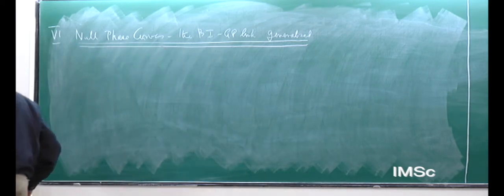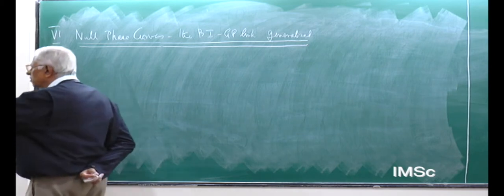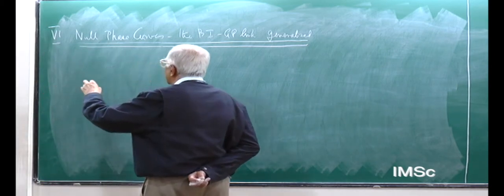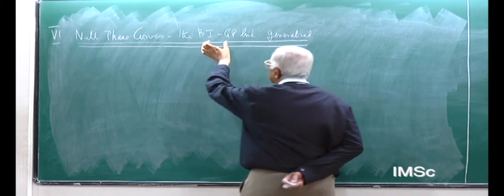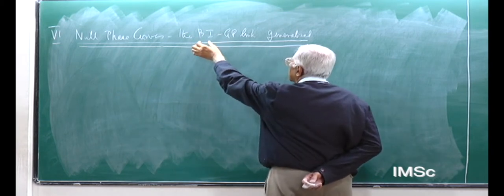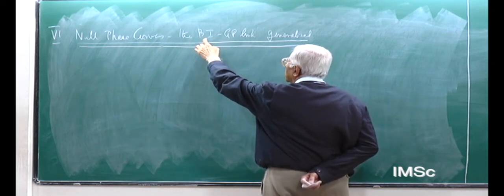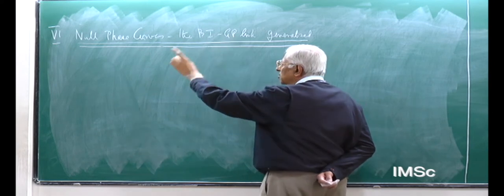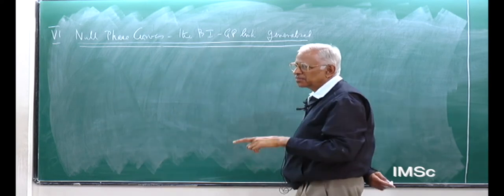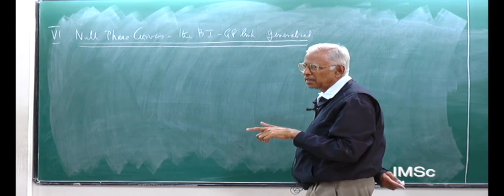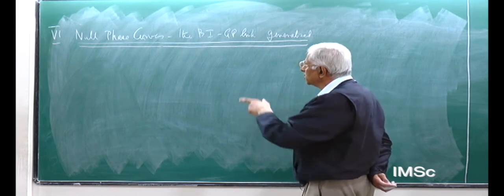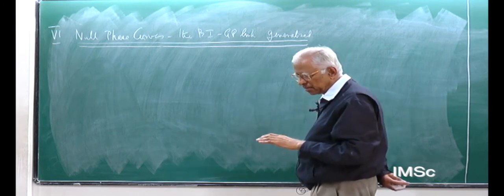But in advance I can say, so that you know where we are headed, the most general way in which you can relate Bargmann invariants and geometric phases is not through geodesics with respect to the Fubini-Study metric. There is a new class of curves which we have called null phase curves.